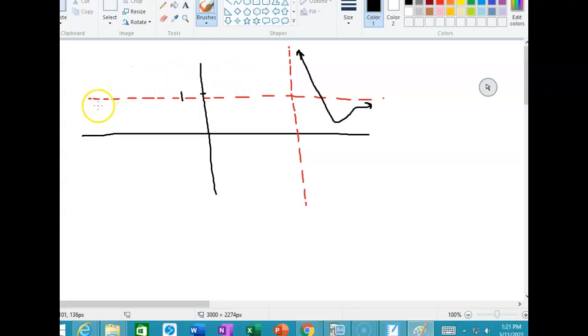Here's an example, and let's just say that this was a 3 here. Let's say that this is going to be the point 5, 4.